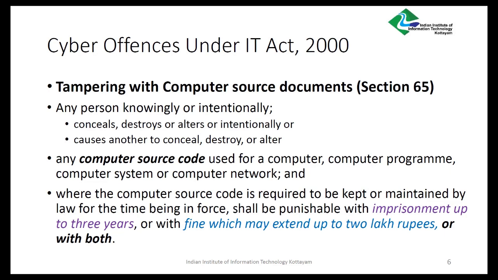Well, any person who knowingly or intentionally conceals, destroys, or alters, or causes another to conceal, destroy, or alter any computer source code used for a computer program, computer system, or computer network, where the computer source code is required to be kept or maintained by law for the time being in force, shall be punishable with imprisonment up to 3 years, or a fine up to 2 lakhs, or with both.